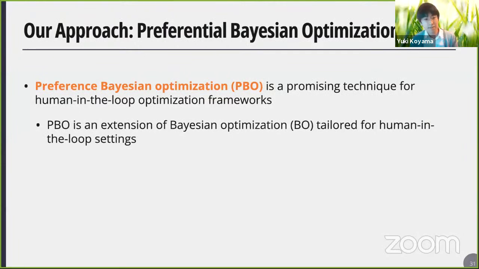So taking these 2 points into account, in this talk, I'd like to introduce preferential Bayesian optimization, or PBO in short, as a promising technique in this setup. PBO is an extension of Bayesian optimization, or BO in short, but tailored for human-in-the-loop settings.